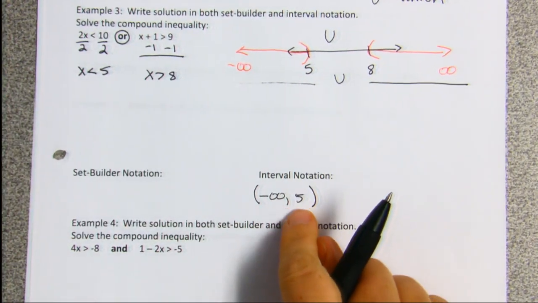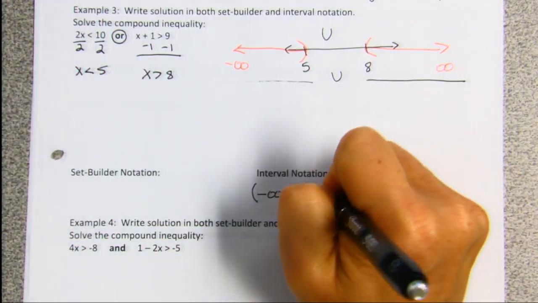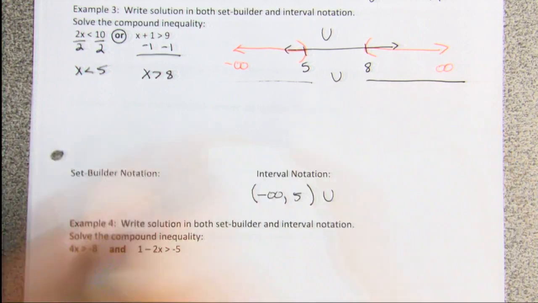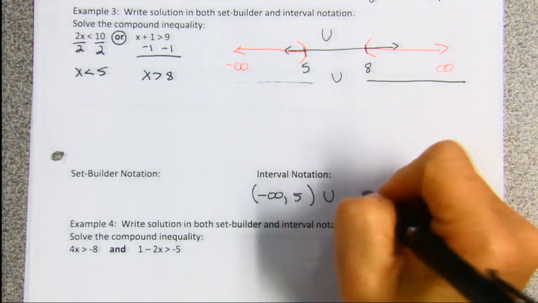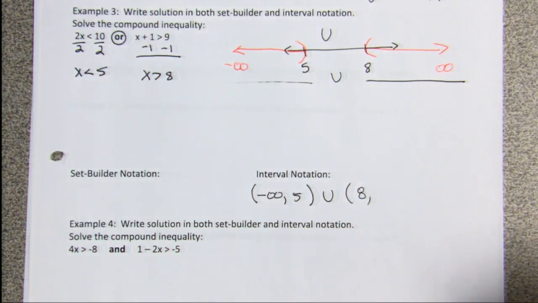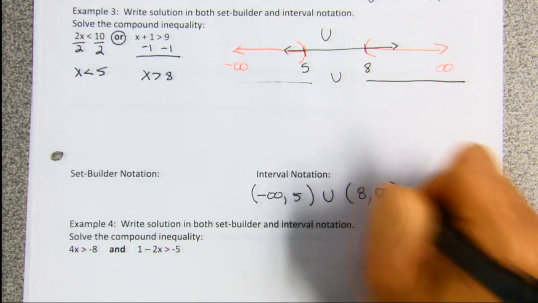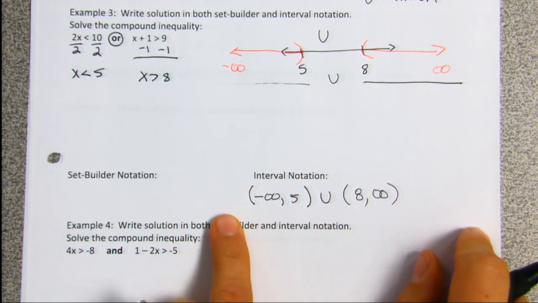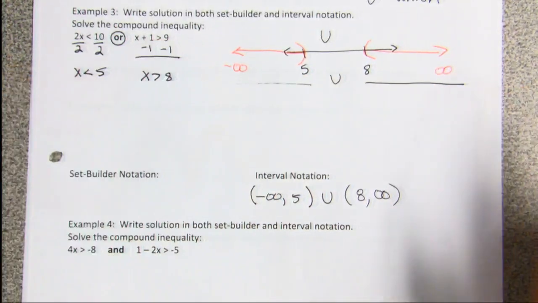That tells us we're not including 5. We have our union, so it's a U, it's not a V, but I don't put a little tail on it. And then we have a soft bracket 8, comma, positive infinity. So if you have infinities in a union, they should be on the outsides, just like you see it on the number line.